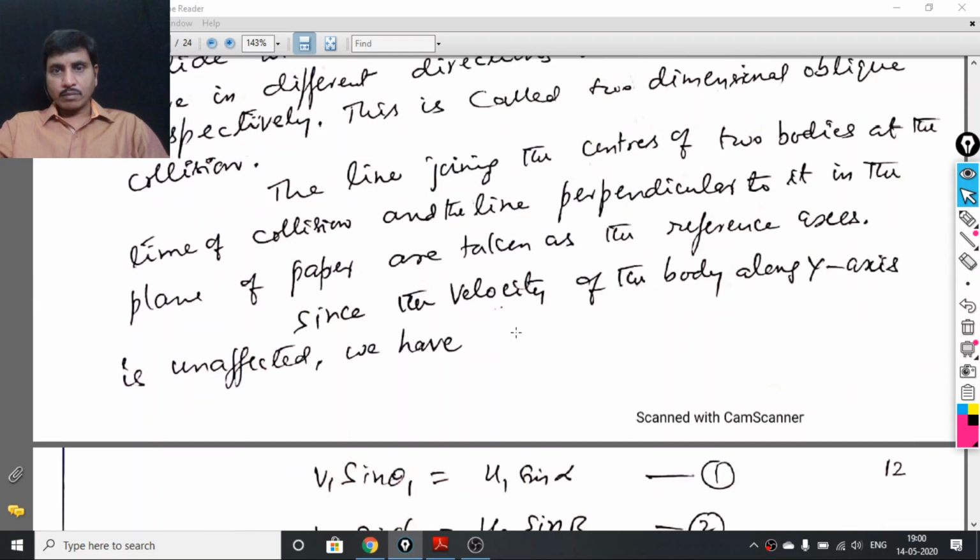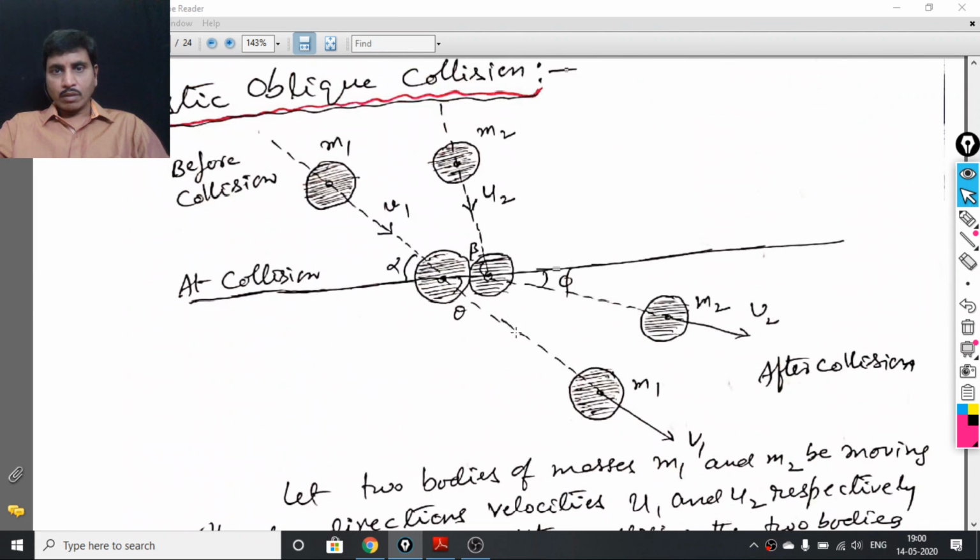In the diagram, the velocity components along the x-axis are not shown.